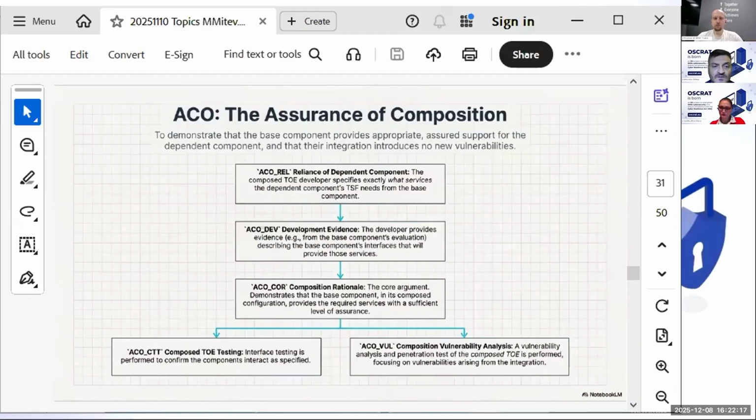The consumption analysis explains why the combination is secure. Testing and vulnerability analysis confirm that the components interact correctly and that the integration does not create weaknesses. This process is important in a modern system where many parts are built by different vendors.